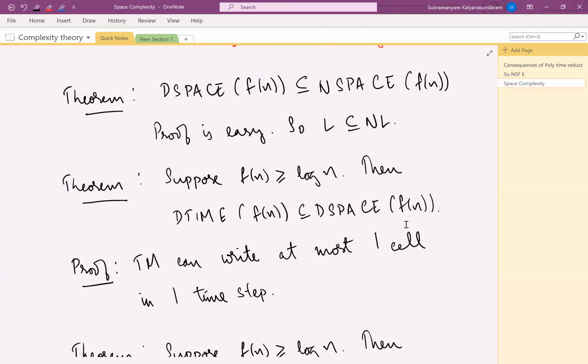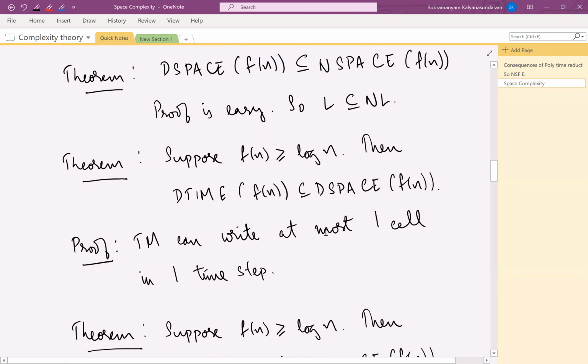So it is going to use at most order f(n) tape locations. So the total space usage is also order f(n). Hence, the DTIME machine itself is a DSPACE f(n) machine. That's how this inclusion follows.